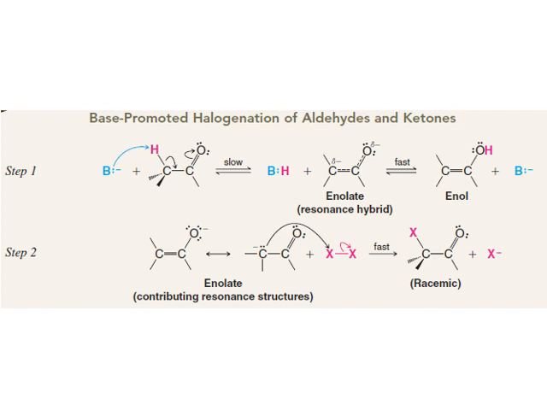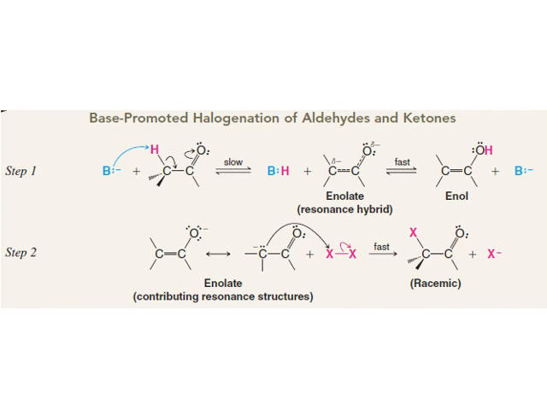Then the enolate attacks the halogen to give the monosubstituted product.